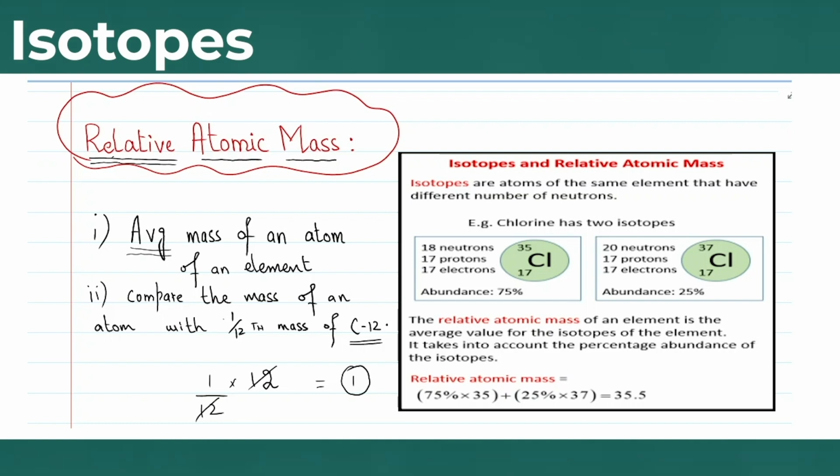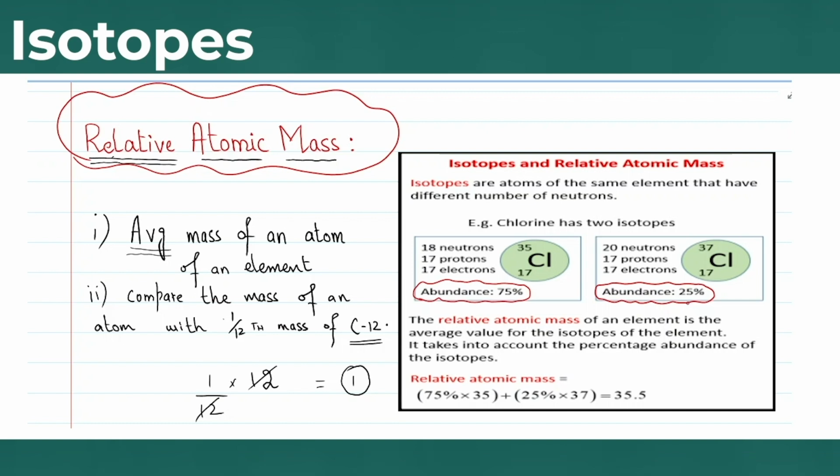For example, as you can see here, I have mentioned that chlorine 35 has the abundance 75. This is the relative abundance of chlorine 35. It means this atom of chlorine exists more in this universe. And the second atom is chlorine 37. It has an abundance of around 25% in this universe.